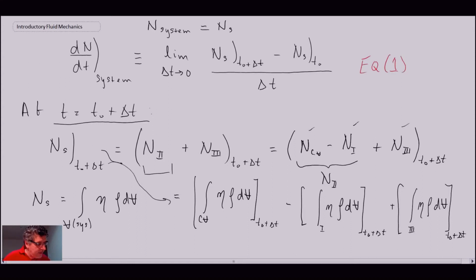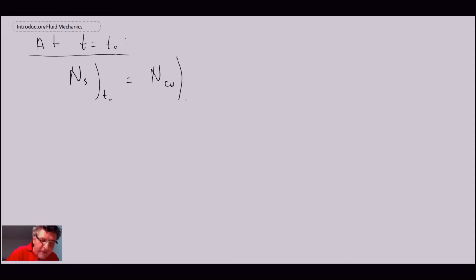Let's take a look at what is happening at time t0. At time t0, the control volume and the system were overlapping with one another. So we can say that our system value, our extensive property at t0, is also equal to what was happening in the control volume at t0.